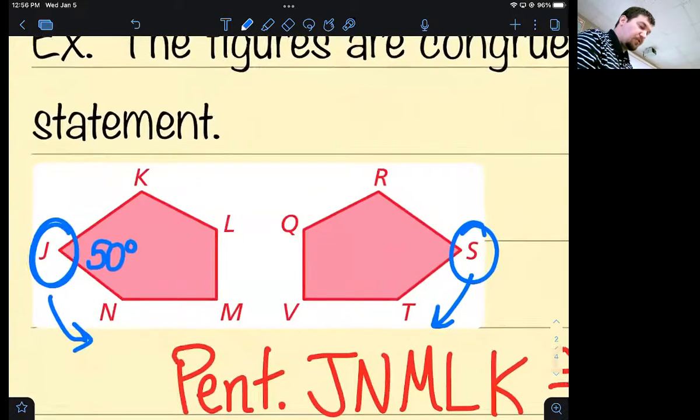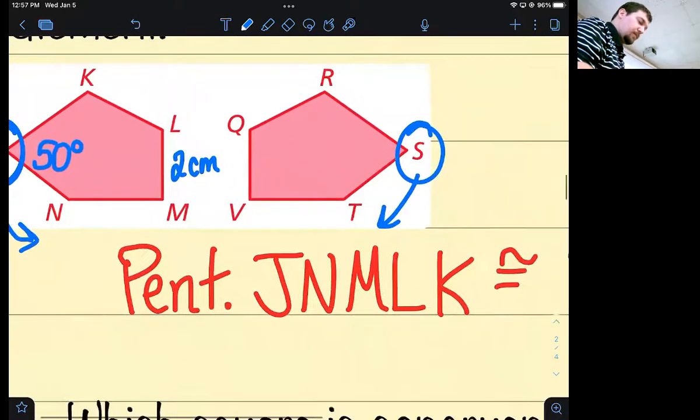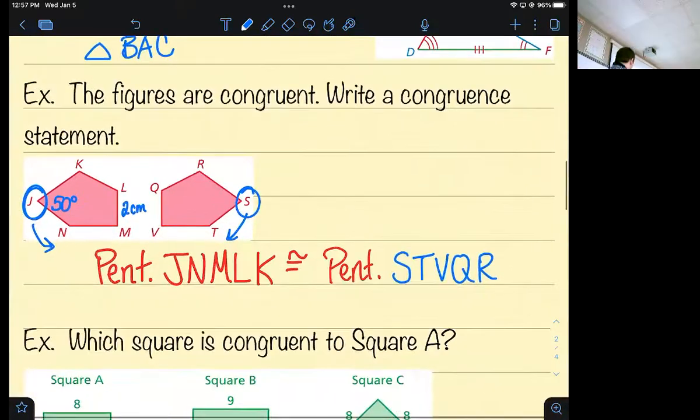If I told you that LM was 2 centimeters long, you know from our congruent statement that LM corresponds with QV. So it also has to be 2 centimeters long. And you can use those statements to kind of fill in all the missing parts if you needed to.